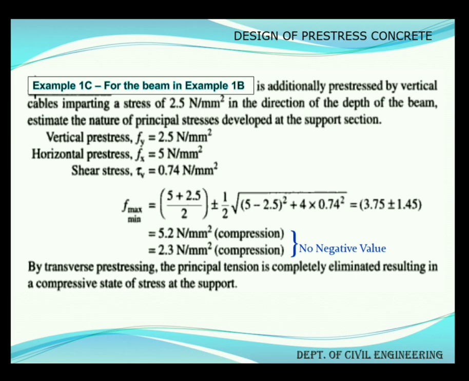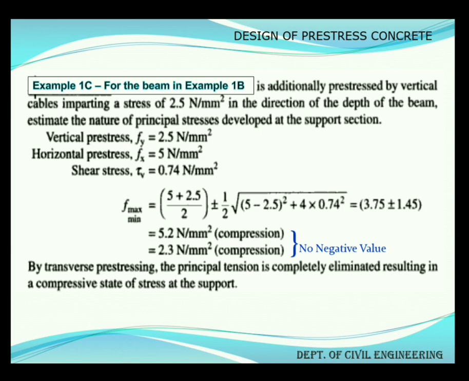Generally, 99% of the time in beams, practically we don't do vertical pre-stressing because the depth of the beam compared to the length is very small, and if you do vertical pre-stressing, most of the stress over that small length will be lost in anchorage slip. Hence 99% of the times vertical pre-stressing is not done in beams.